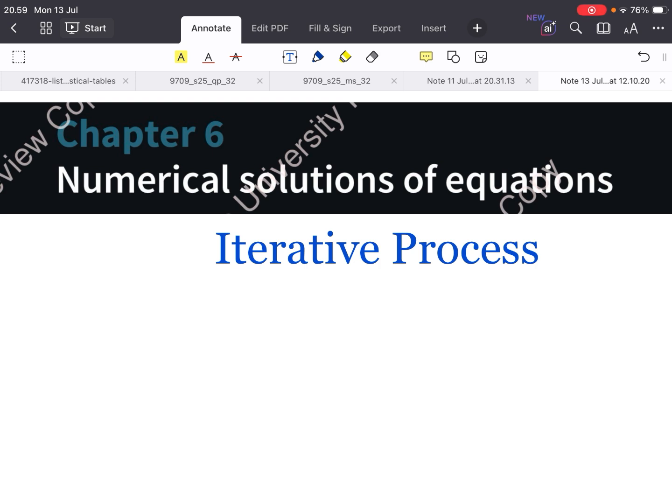As we know, we are used to solving equations using direct algebraic methods, such as factorization or the quadratic formula. But sometimes, some equations cannot be solved using a direct algebraic process.